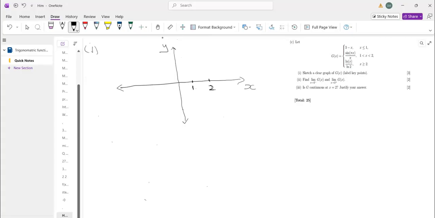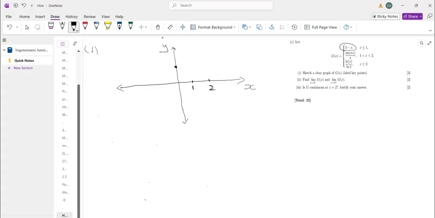So the first function here you can see is a straight line, right? And is a straight line with the y-intercept 3. So it's going to be somewhere around here.